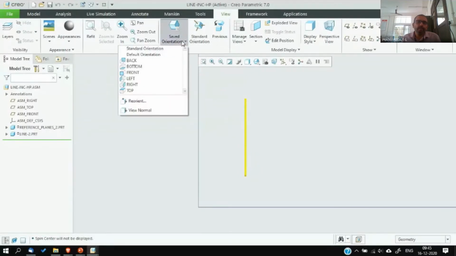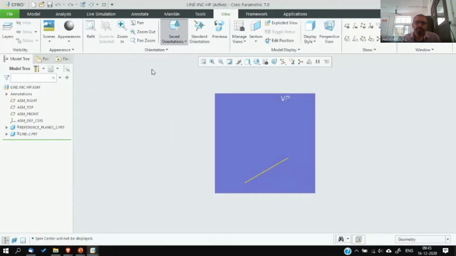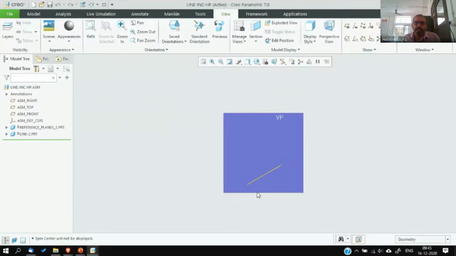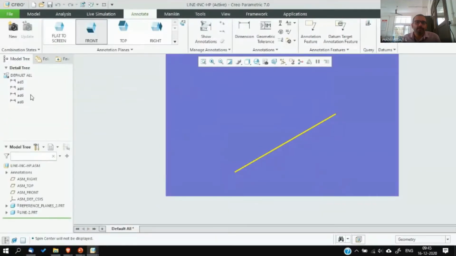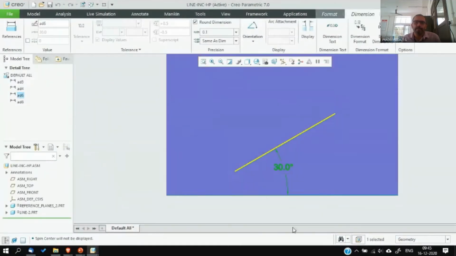Now, if we look from the front, the front view is inclined at an angle. The inclination of the front view with the XY line is 30 degree, and this line is made at an angle of 30 degree with the HP.